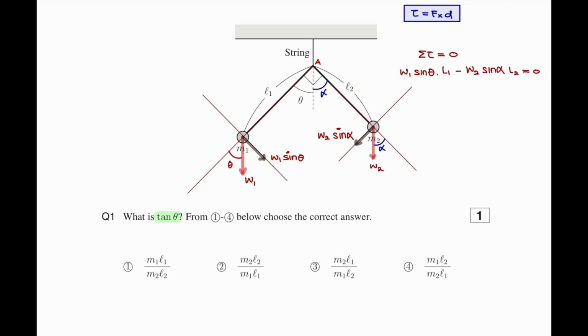If I move W2 sin alpha L2 to the other side, I will get W1 sin theta L1 equals W2 sin alpha L2.